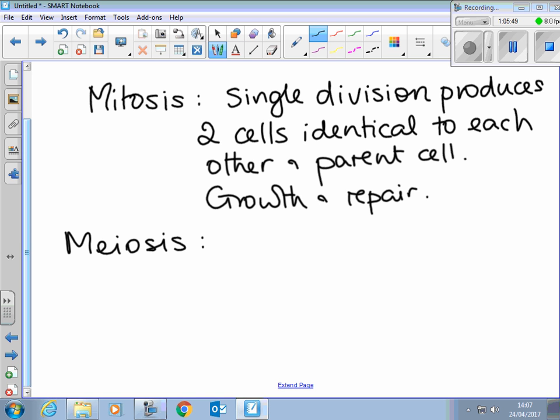This time, we actually have two divisions, and we have the genetic material producing new combinations as well. So new combinations of DNA.